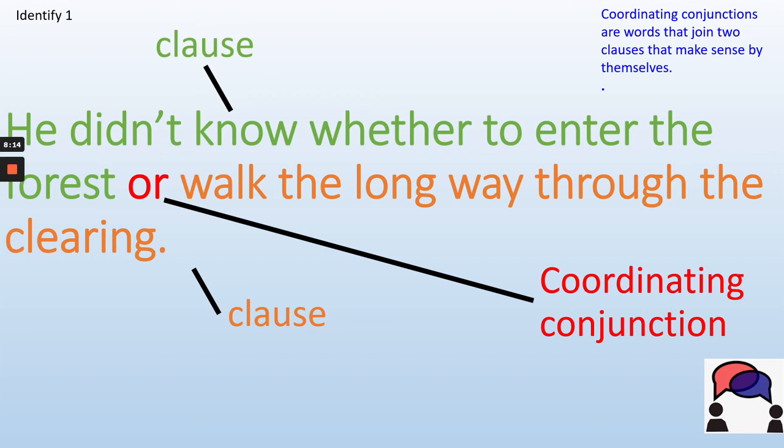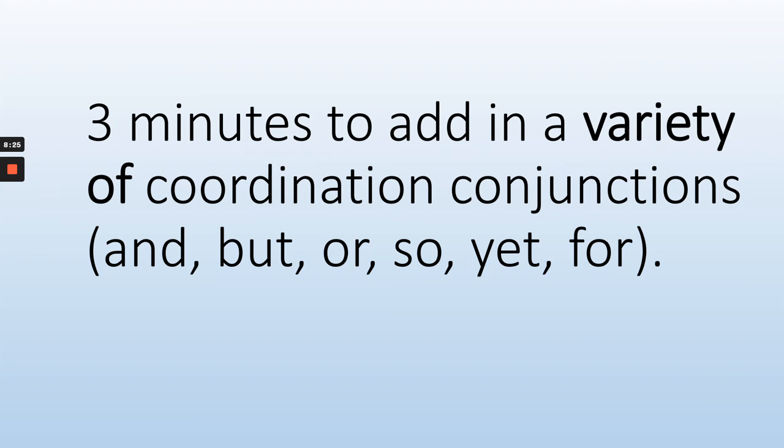It's good to have a range of coordinating conjunctions. We don't just have to use and all the time. There's a variety that we could use. Now, take some time to add in a variety of coordinating conjunctions. I would like to challenge you to use at least 3 different coordinating conjunctions as listed in the brackets on the screen.